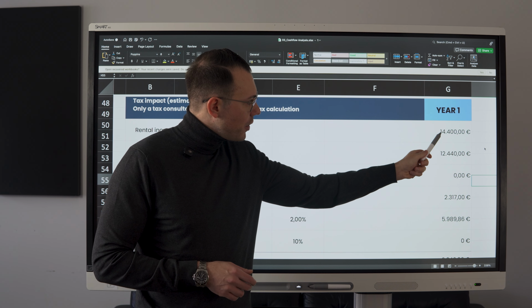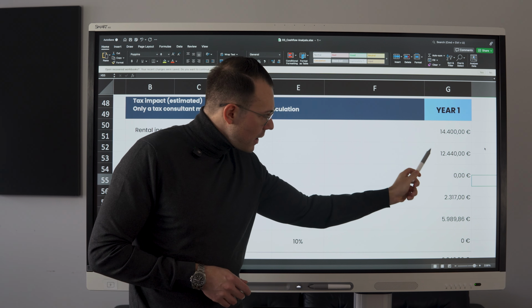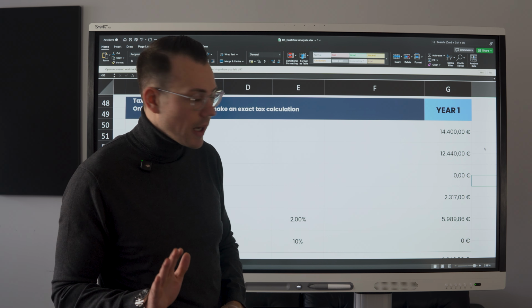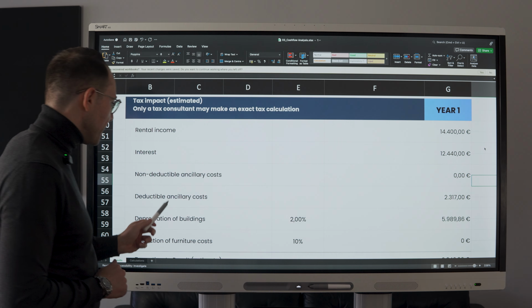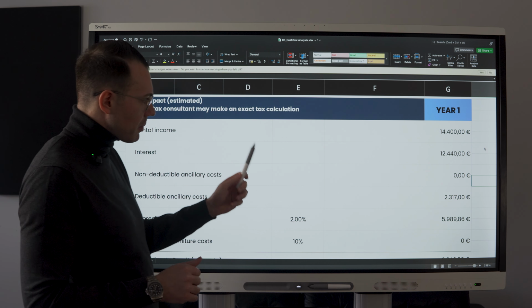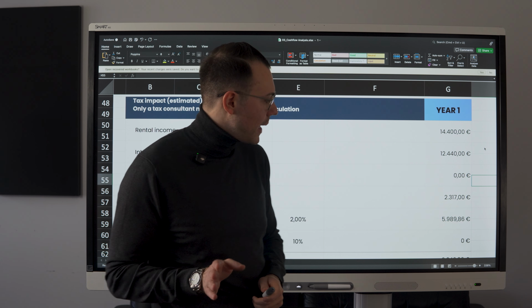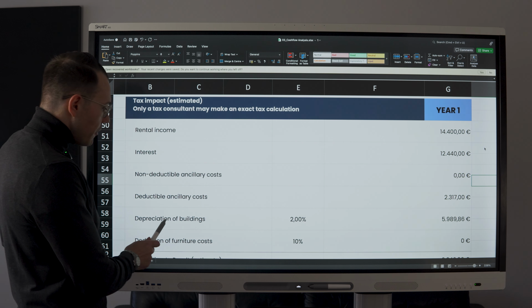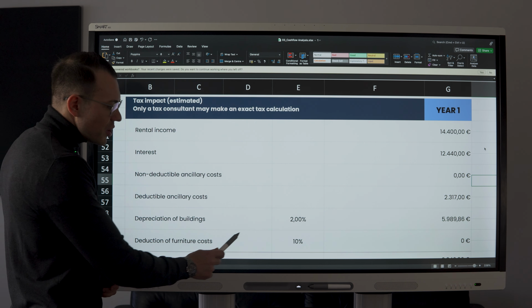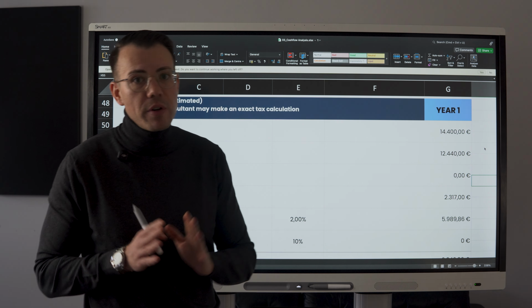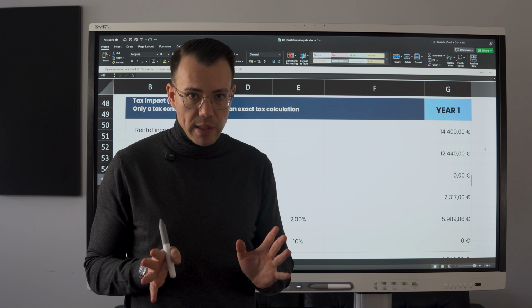So we have 14,400 euros minus 12,440 because interest is entirely tax deductible, minus the deductible costs like property management, for example, 2,317 annually. Then we have depreciation of buildings, which is at least minimum 2% in Germany for every property that you rent out. Okay?